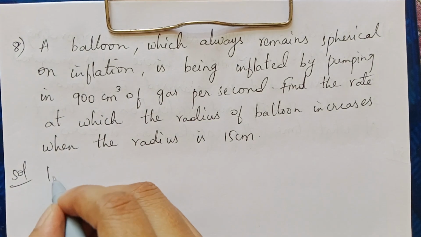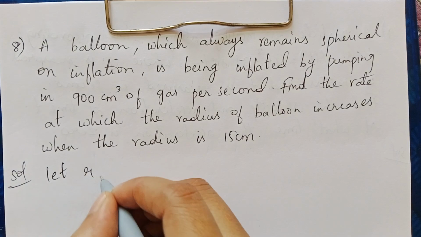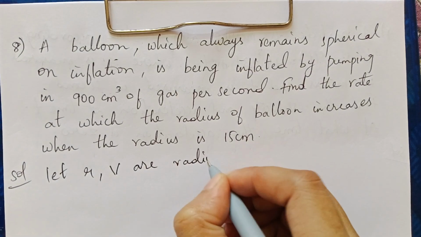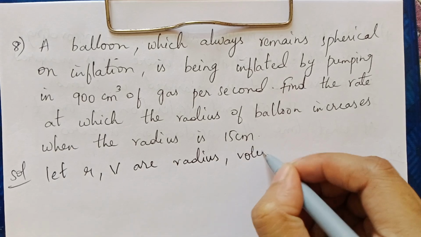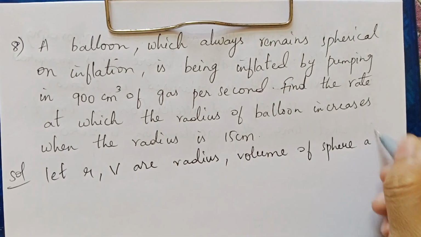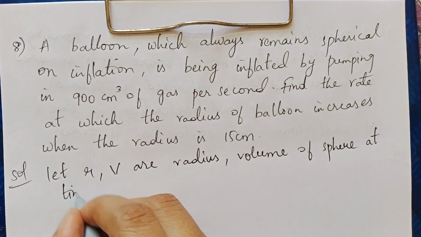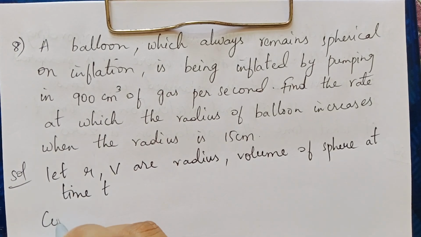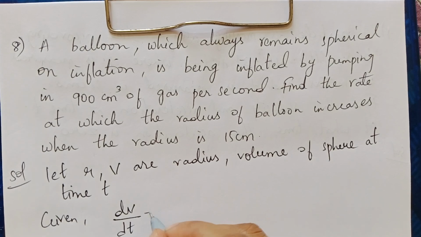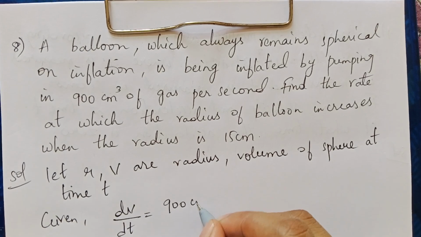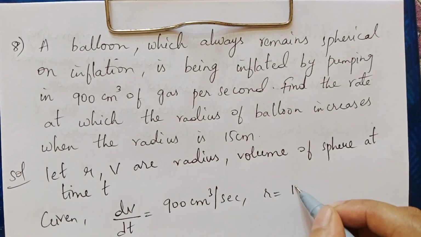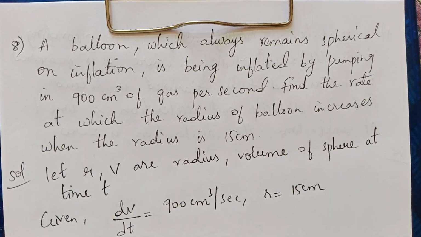So let us consider, let r and V be the radius and volume of sphere at time t, given change in volume, that is dV/dt is equal to 900 centimeter cube per second, and the radius value is given as 15 centimeters.